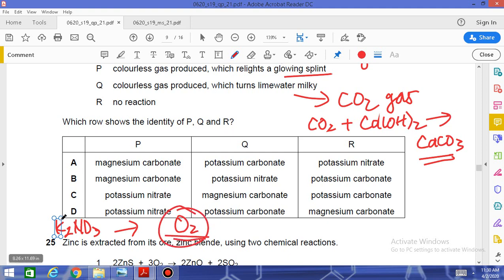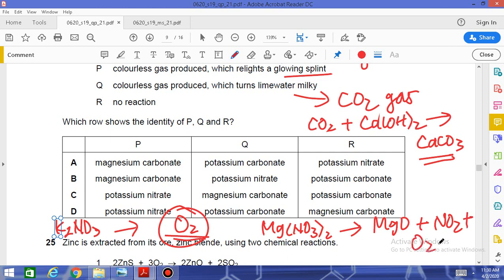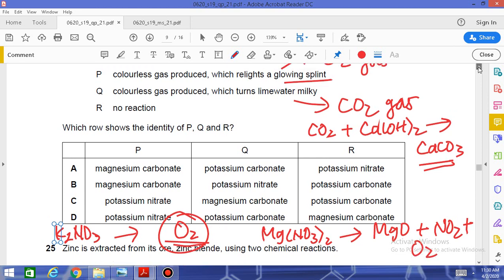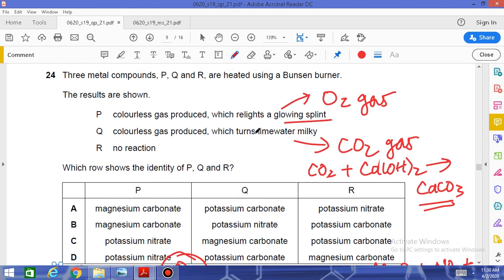It's similar to group 2 nitrates, for example, magnesium nitrate. When magnesium nitrate is heated, magnesium oxide, nitrogen dioxide, and oxygen are produced. They have similar reactions, so oxygen gas is produced and this gas relights a glowing splint.